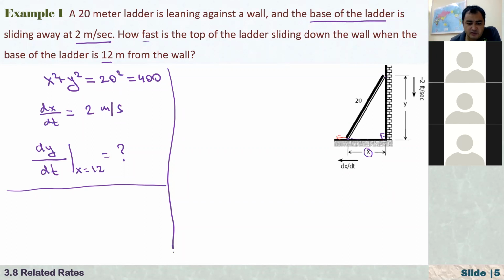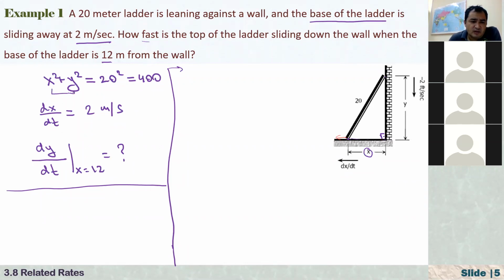Now we have to start solving this problem. So now again here, when t changes, x is changing. That means that x is a function of t. And also y is changing, so y is also a function of t. Now in the previous class, we studied implicit differentiation, right? So we know how to differentiate these functions.